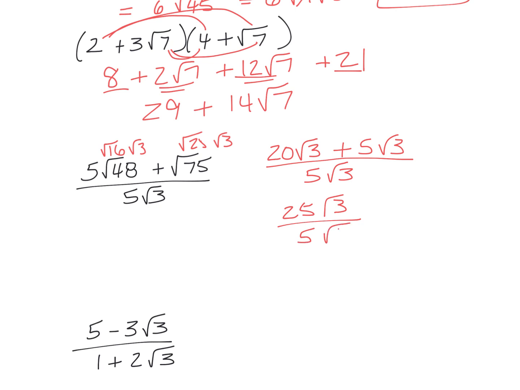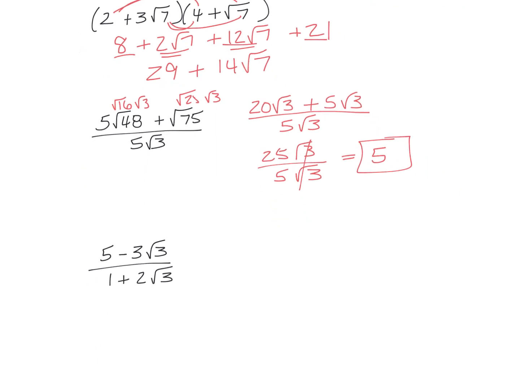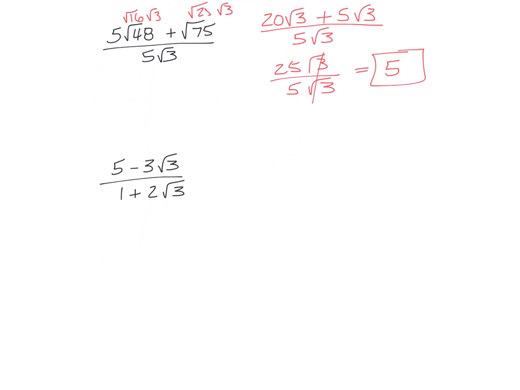I'm dividing that by 5 root 3. Those root 3's are going to cancel, and 25 divided by 5 is 5. That's probably the best way of doing that. You could simply rationalize that right away.